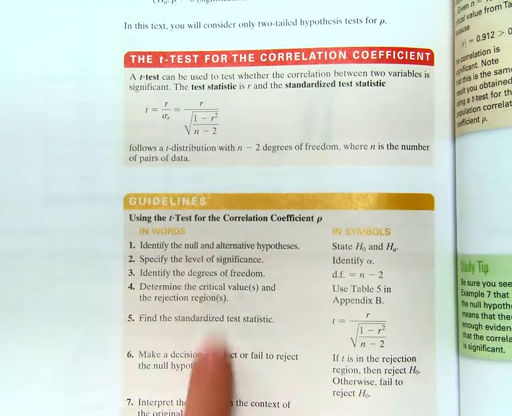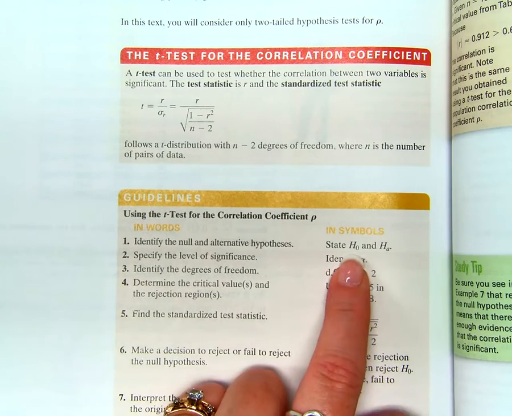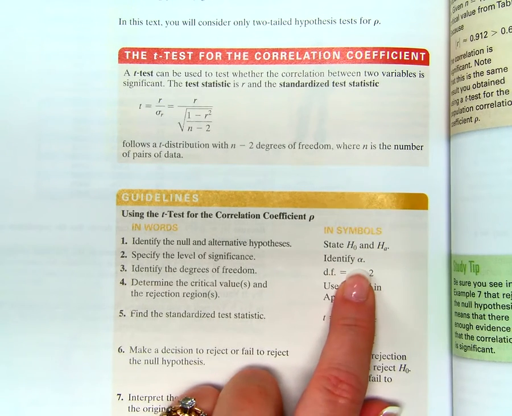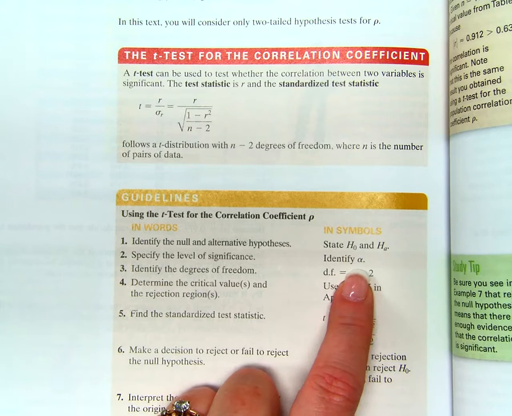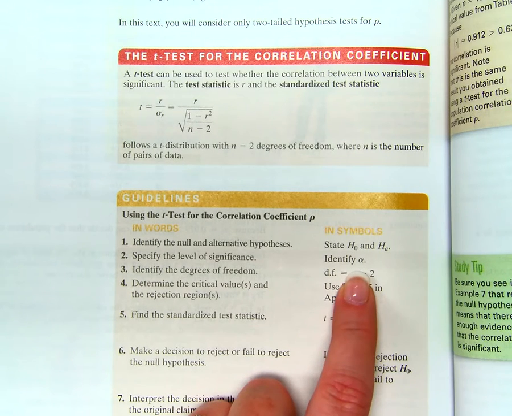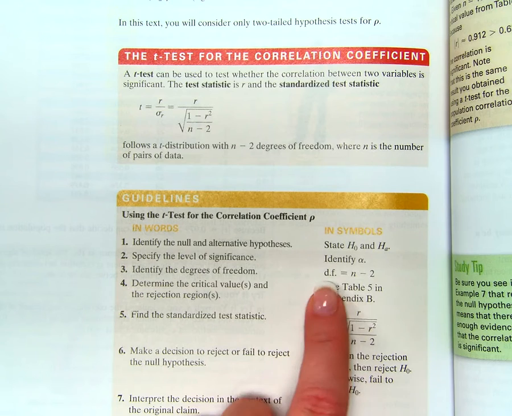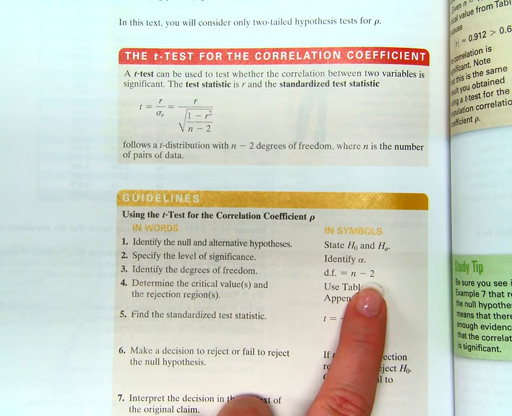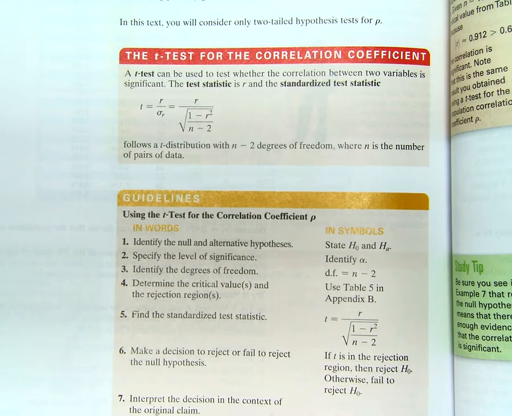Let me take you through the guidelines right here. You've got to know your null hypothesis and your alternative hypothesis. You want to identify your level of significance. It'll tell you what you want to use, 1% or 5%, or even other values, but mostly it's 1% or 5%. Find our degrees of freedom. However many pairs we have, we subtract 2 to find our degrees of freedom.